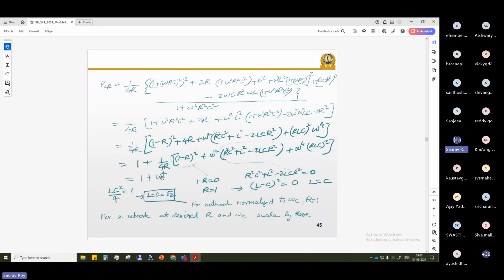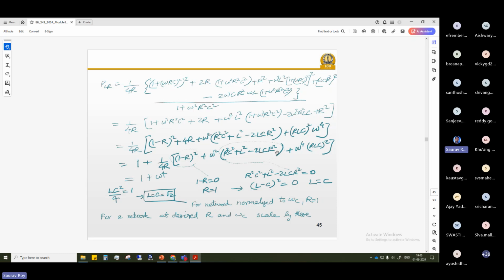You can get back to the expected Butterworth equation. So that's why these particular L, C, and R values you have to follow. By using this, you can do it. This is one simple way. But if you have to design, let's say, an 8th order Butterworth low pass filter, how do you do it? You cannot just calculate like that.